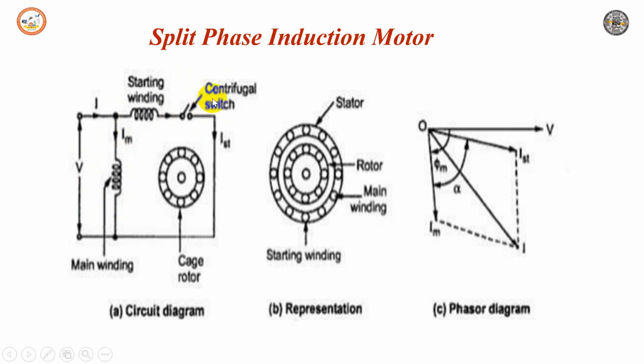If you look at the main winding, this IM is inductive, so it lags the supply voltage V by an angle phi m.